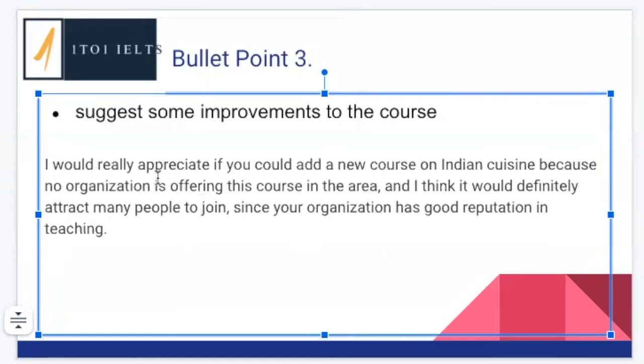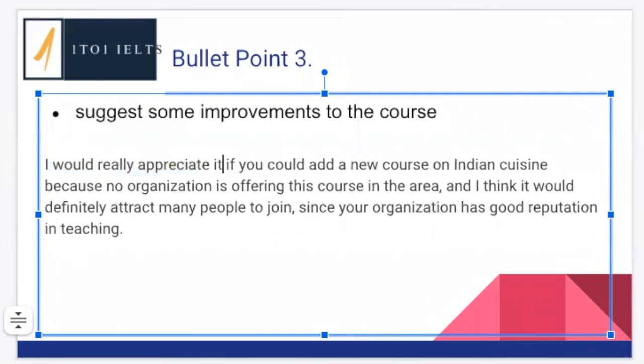So I would really appreciate if, so this expression, something's missing, it's going to come up occasionally. Turn out, yeah, the expression is, I would really appreciate it if you could add a new course on Indian cuisine, because no organization is offering this course in the area.